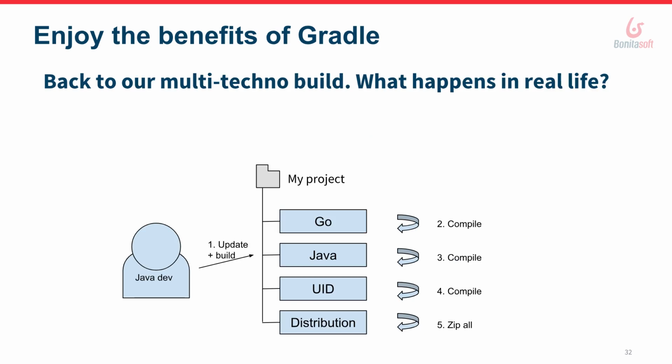So if I am a Java developer, I'm doing the first build on my project, so I am cloning my repo and launching the build, so everything will be compiled and so on.